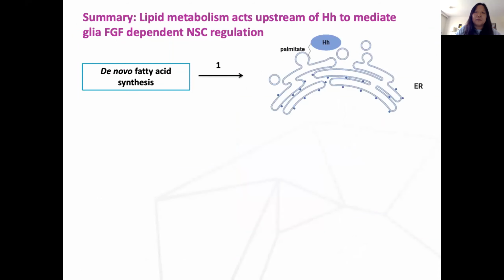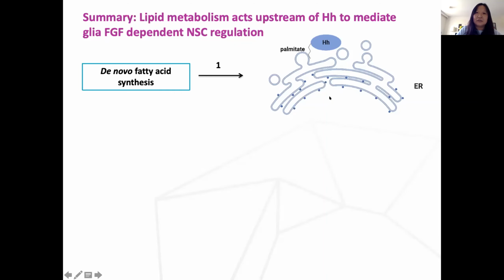So we think the main mechanism that mediates the ability of hedgehog signaling between the glia and neuroblast compartment is via palmitoylation of the hedgehog molecule. And this happens mostly in the ER.